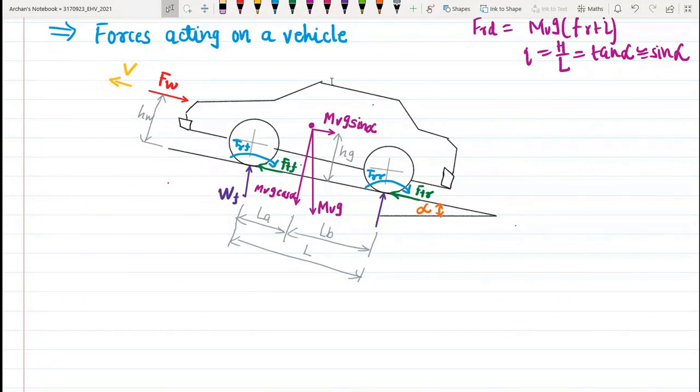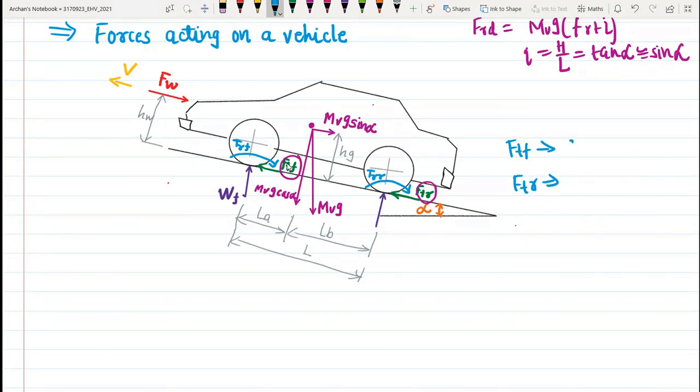And we have the tractive effort at the front and rear tires, FTF and FTR. Now this value depends on which driving mechanism we are going to use.